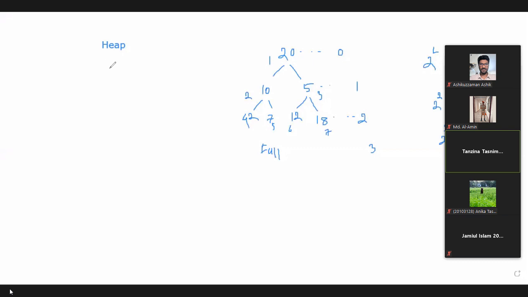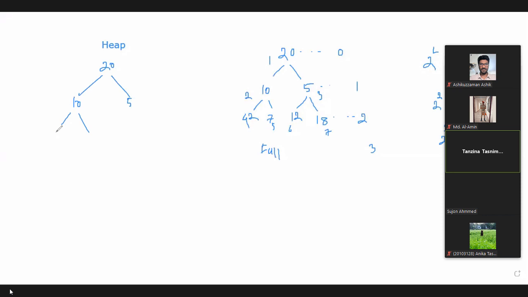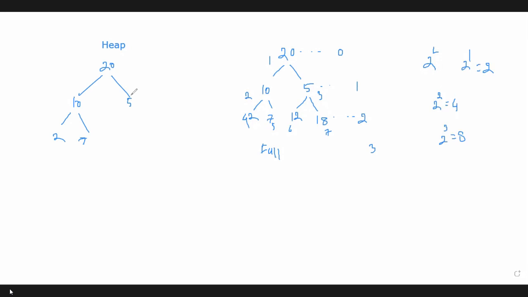So suppose this is a full binary tree. Is this the last level? No, because there is one more level, and the nodes are 2 and 7. And now suppose this node 5 doesn't have any children, it's a leaf node. So can we call it a full binary tree?